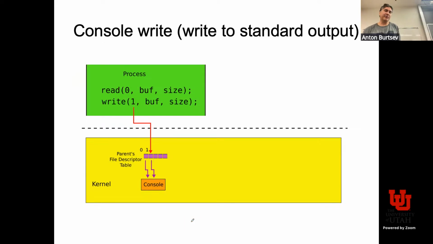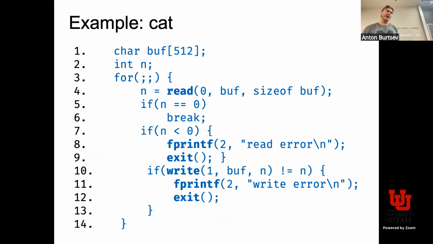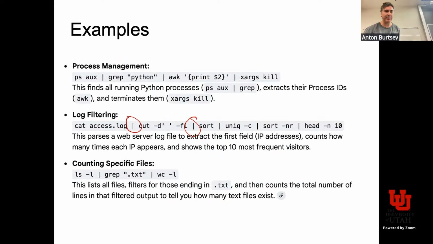And the same if you're writing something into 1: your file descriptor 1 will also point to this console abstraction, a console data structure in the kernel, and it essentially goes and shows up on your screen, right? So that's the way to communicate with the screen. And just to illustrate this idea, take a very simple program which just reads a file, like the cat we saw in the pipeline I was using as an example.